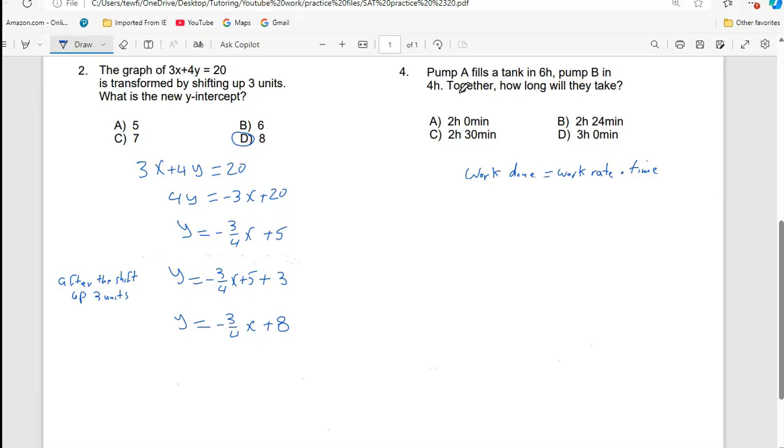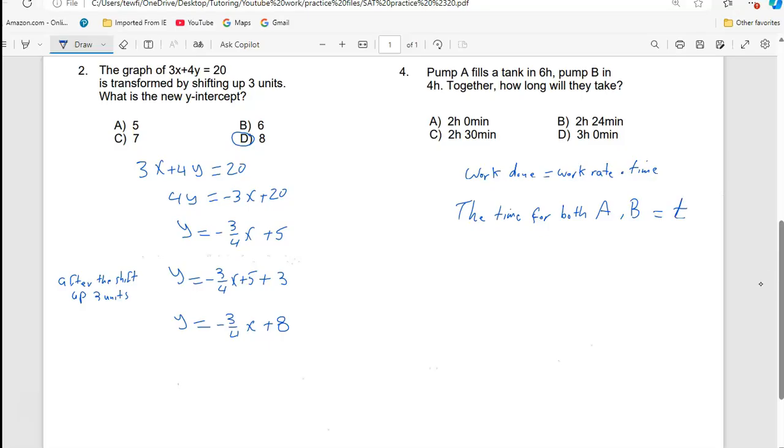But if both of them work together, the time will be different. It should be less than 4 hours, right? We don't know how many hours, and that's what we're looking for. Let the time for both A and B equal t hours.